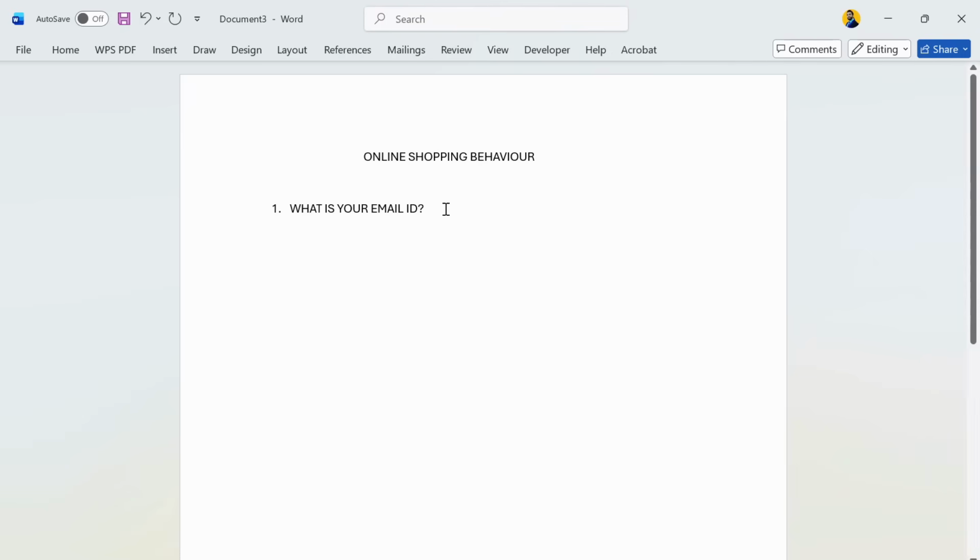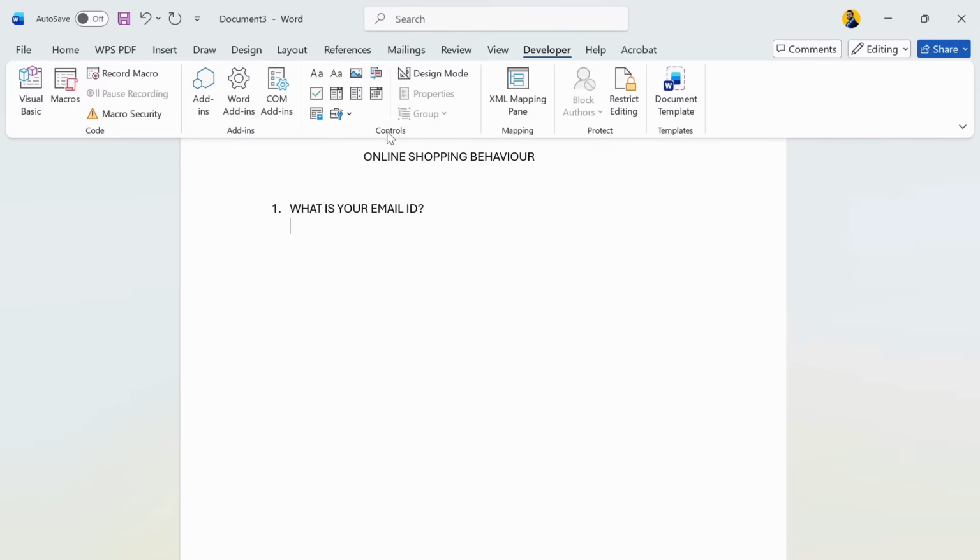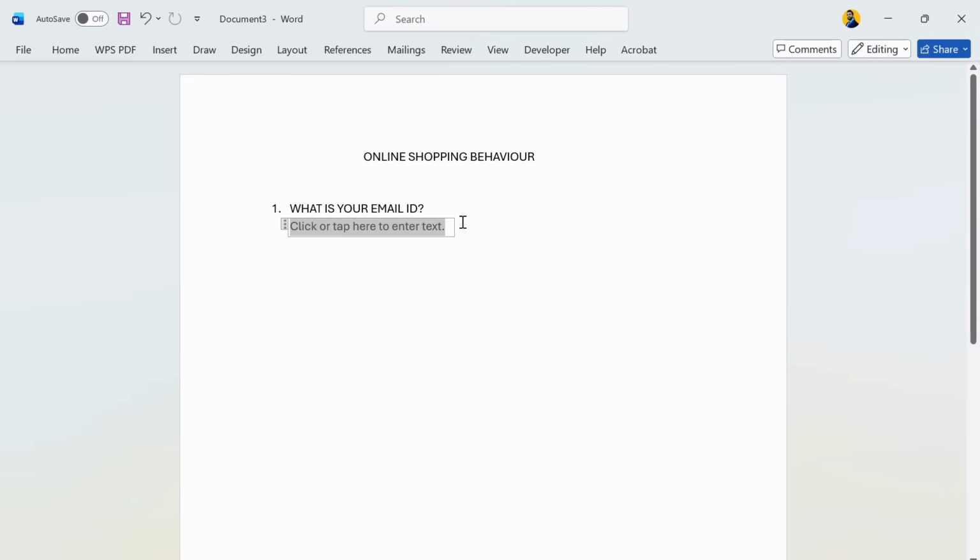Now to answer this, we know that this is a question which requires a normal short text, right? So we will go to the developer tab and there are two options in the controls panel, like this A and this A. This A is for long text and this A is for a short message. So I will select this, and here the respondent can easily write down their email ID detail.